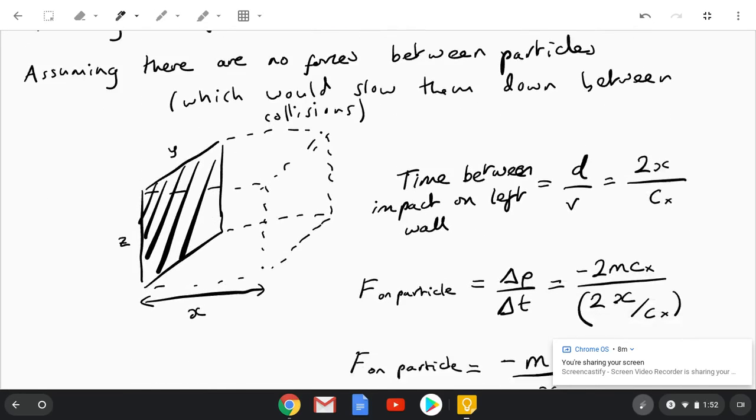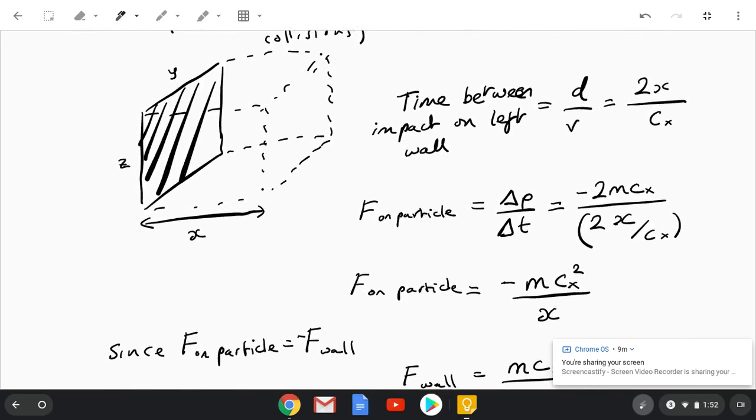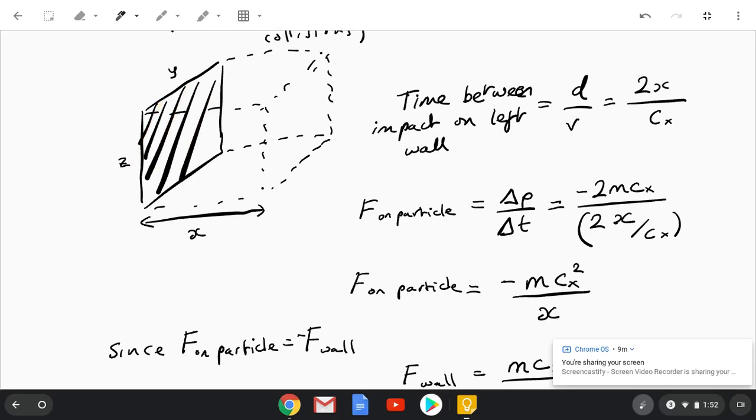So in essence, we have got a wall. If this is a distance x, that's a distance z, and that's the distance y. If it's a cube, it'll be L, L, L. The time between the impact on the left wall of the particle is the distance divided by the speed.